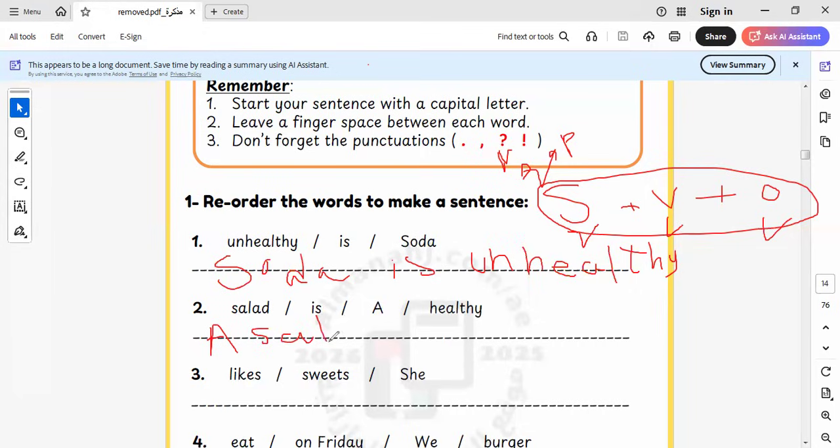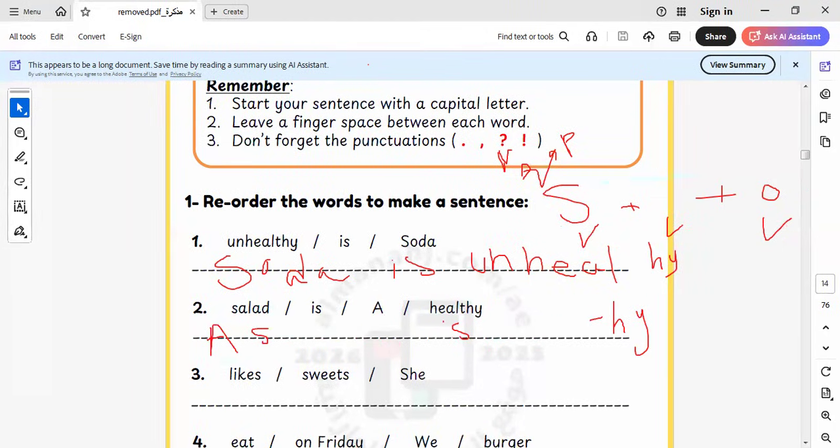Where is the verb here? Search with me for the verb. A salad is healthy. Is healthy. So now I have answered two sentences. I will leave the rest to you to do by yourself, because I know that you are clever and you can do it.